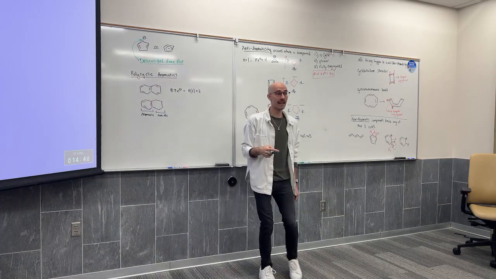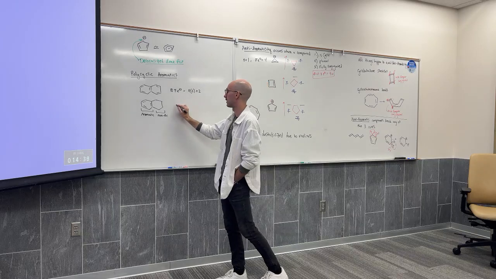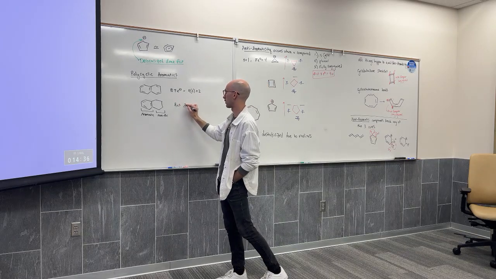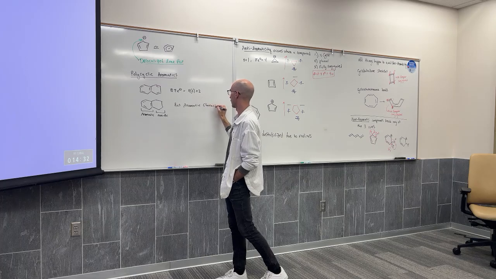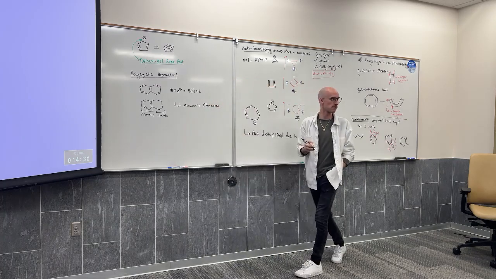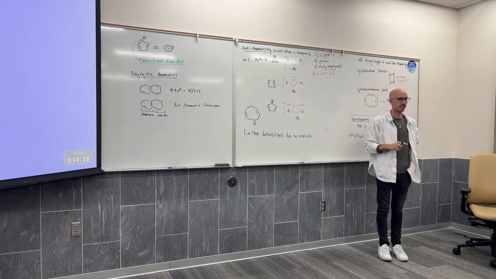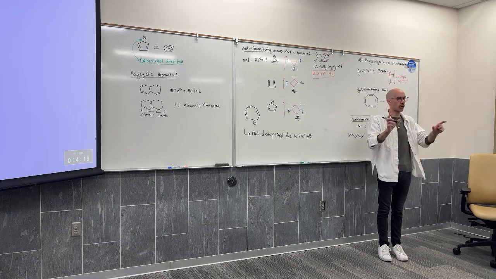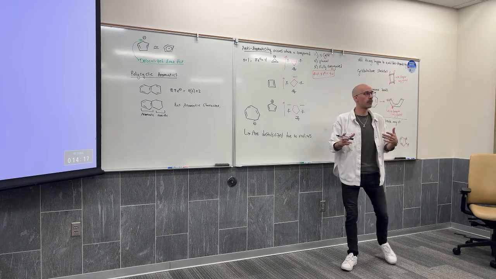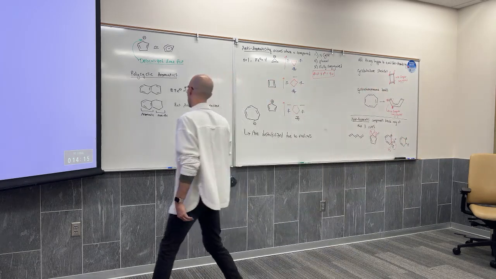So what we can say is that this compound has aromatic character. Does that seem fair? The entire structure is not aromatic. Not every carbon in the molecule is aromatic, but the molecule has aromatic character.